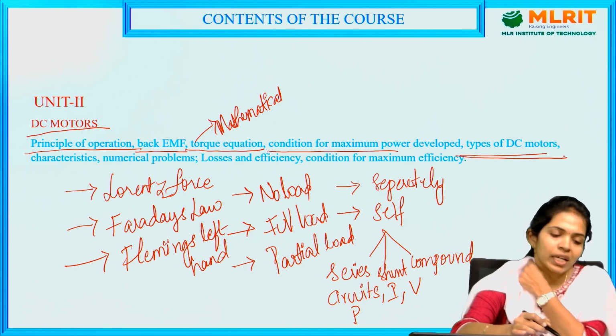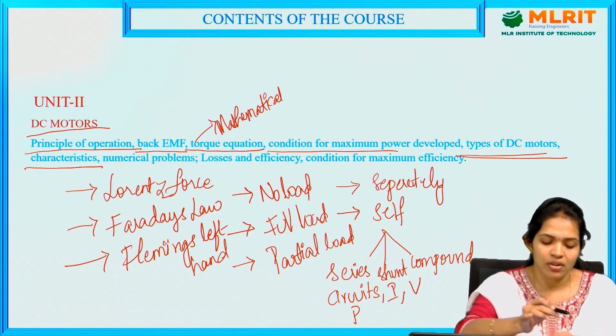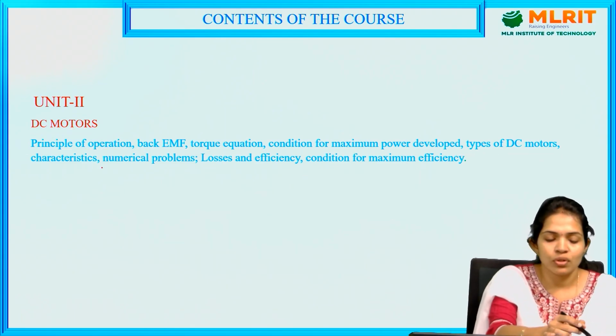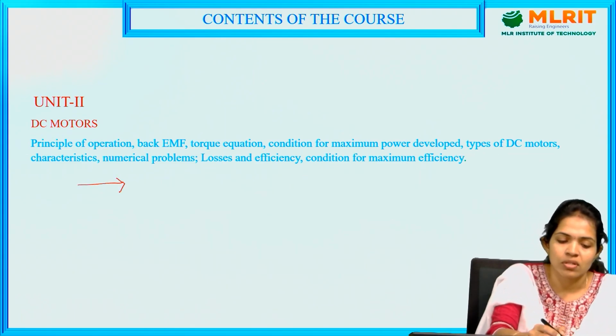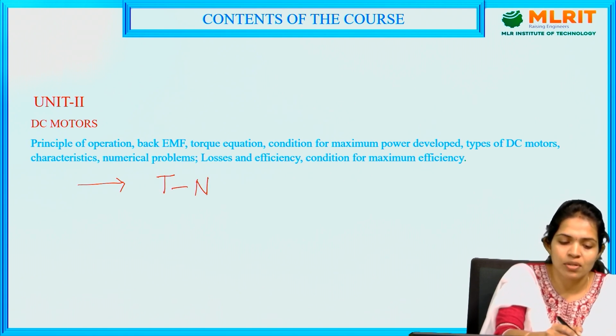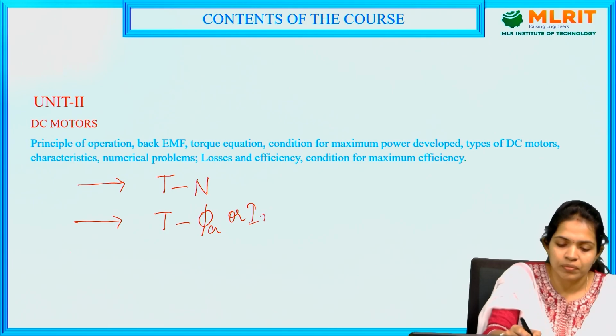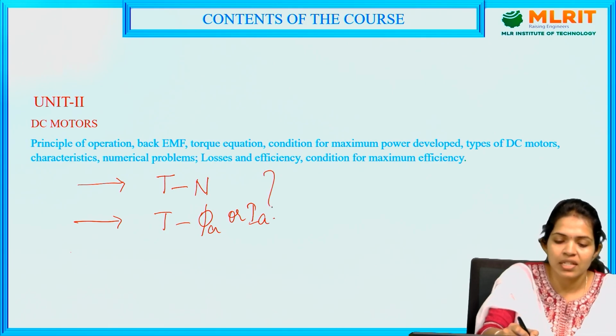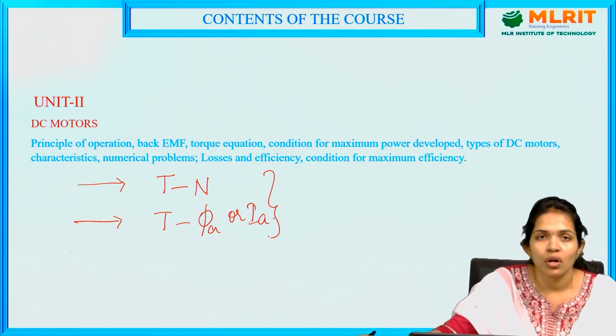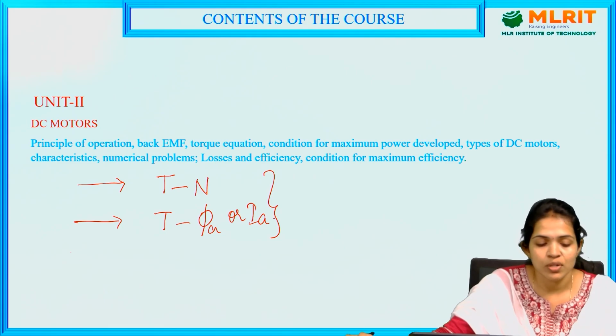Then moving on to the characteristics, as we have seen the same characteristics in DC generators, we are also going to see the characteristics in DC motors. So characteristics in DC motor are nothing but torque and speed characteristics, torque and armature current characteristics, Ia. All these characteristics of various types of motors will be studied.